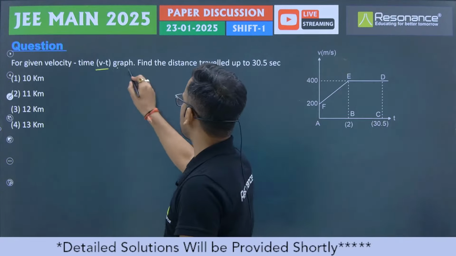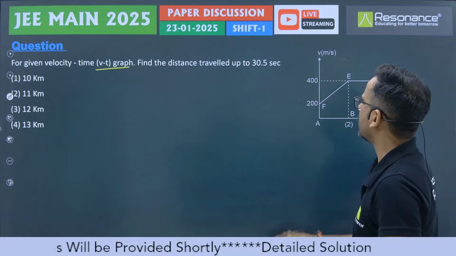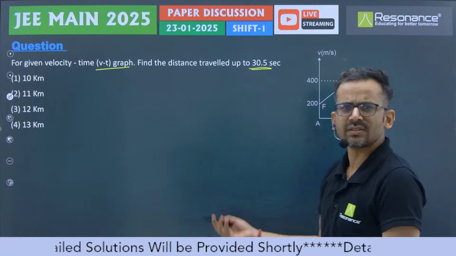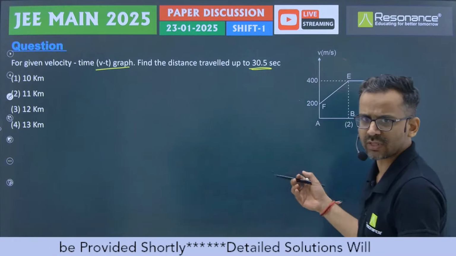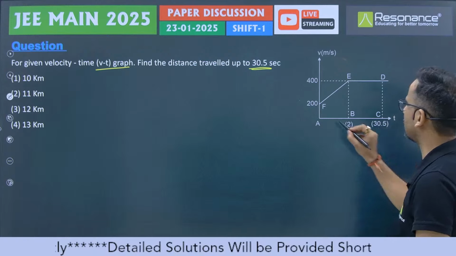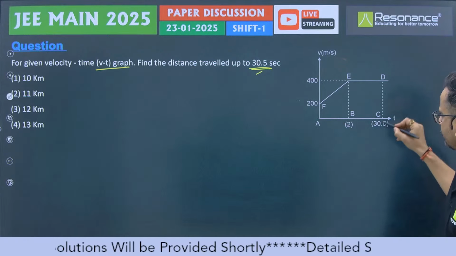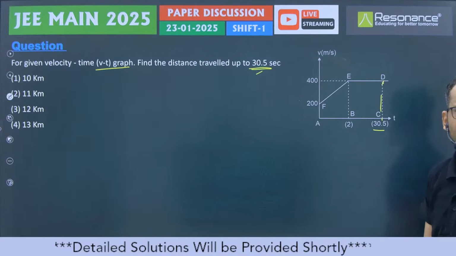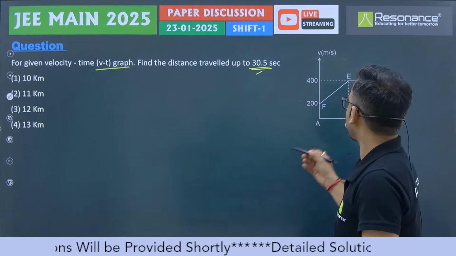This is a v versus t curve. We have to find the distance traveled up to 30.5 seconds. This data can vary because it was a memory based question. I am telling that again and again, but if this data is correct, then this is the position up to which we have to find the distance traveled.